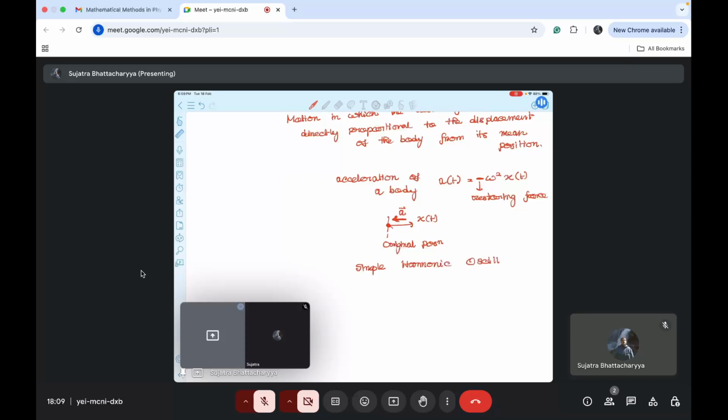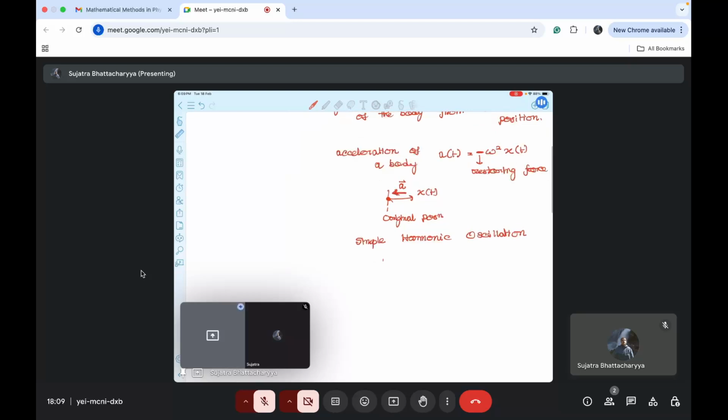Simple harmonic oscillation is represented as some displacement y, which is equal to some amplitude, and we generally represent it with sinusoidal functions. It can be sine, it can be cosine, anything: y = A sin(omega t + phi). This is how we define the oscillation.